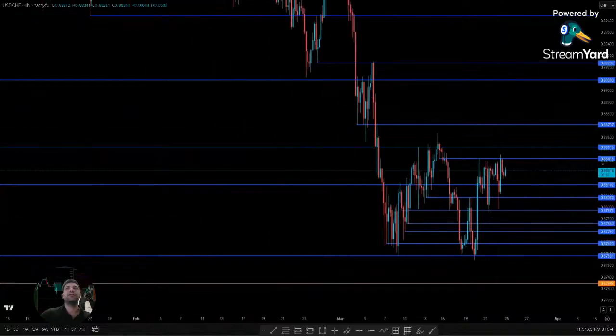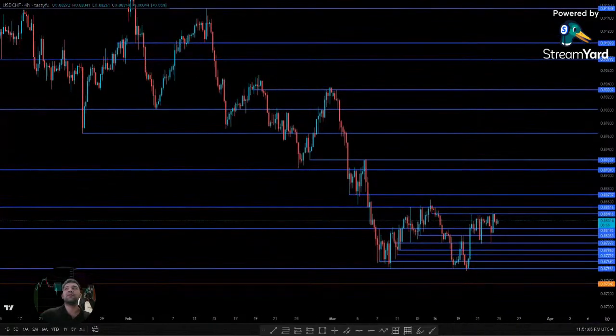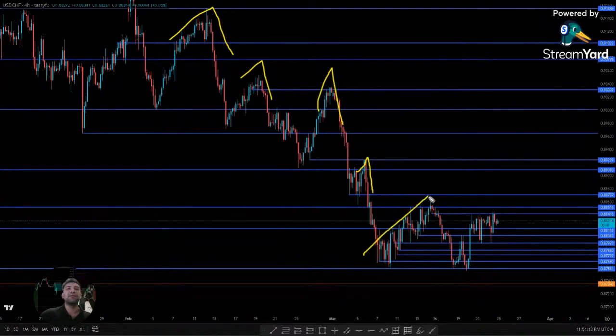If you look at USD CHF right here, we can see that the dollar was going on the downside against the Swiss, as the Swiss is more on the safe haven side. We can see that the dollar was pushed on the downside right here.